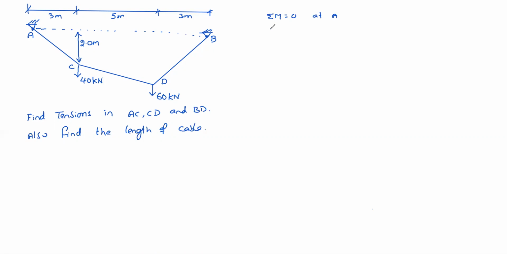So that means 40 into 3 plus 60 into 8 equal to RB into 11, right? RB how much? 54.45.